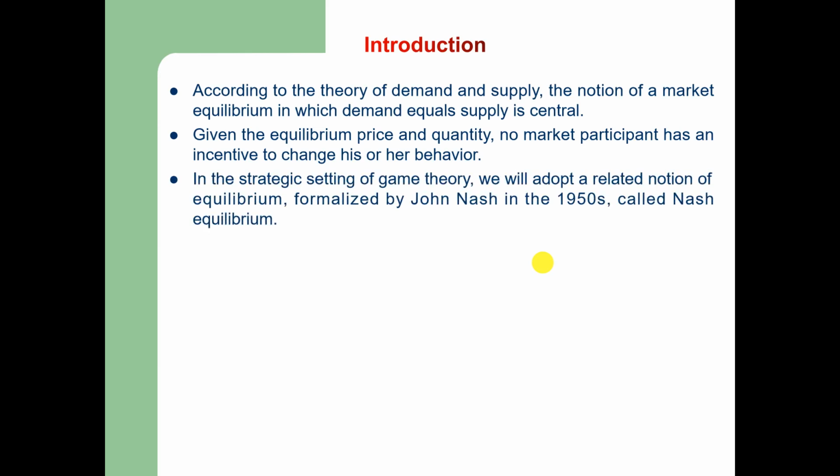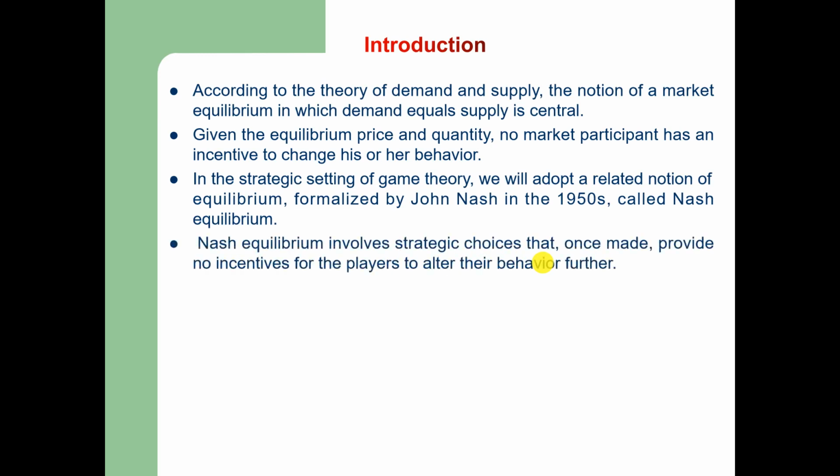In the strategic setting of game theory, we will adapt a related notion of equilibrium formalized by John Nash in the 1950s, called Nash equilibrium. Nash equilibrium is one of the most important concepts in the theory of games.